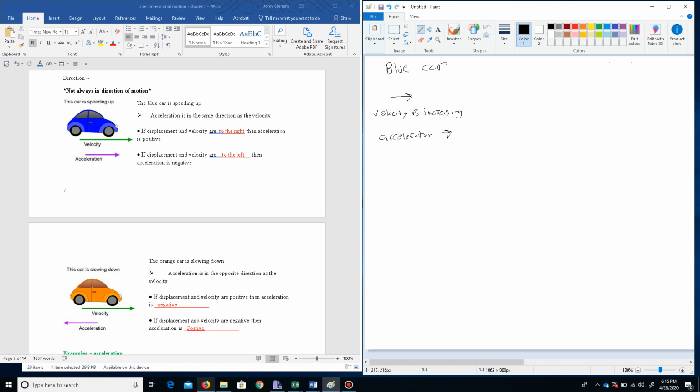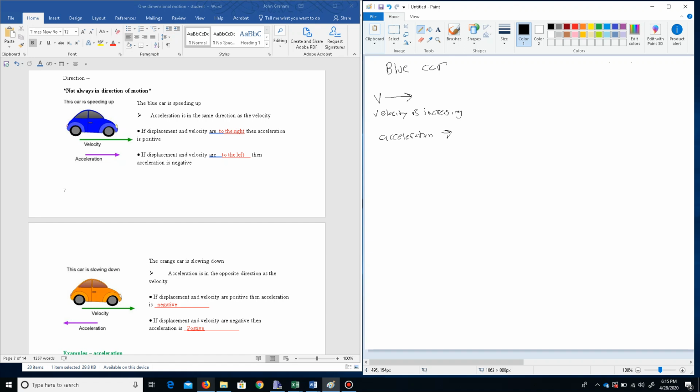Here the acceleration is going to be in the same direction as the velocity. So the velocity is also, V here, to the right, and the acceleration is to the right. If the distance and velocity are to the right, then acceleration is positive.